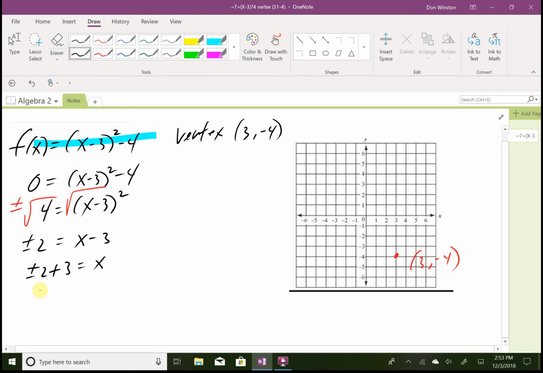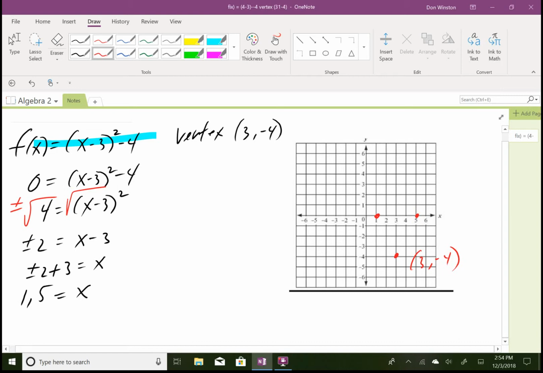So x will equal 5, 2 plus 3 is 5, or x will equal 1, negative 2 plus 3 will equal 1. So my zeros will be 1 and 5, and I can graph those as well. So one zero is x is equal to 1, and the other zero is x is equal to 5.